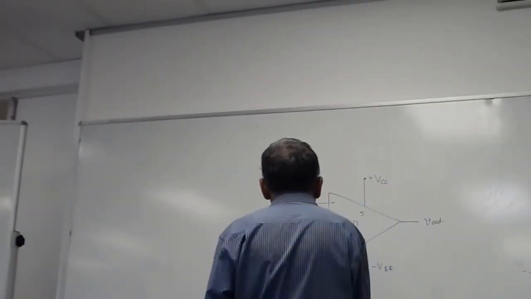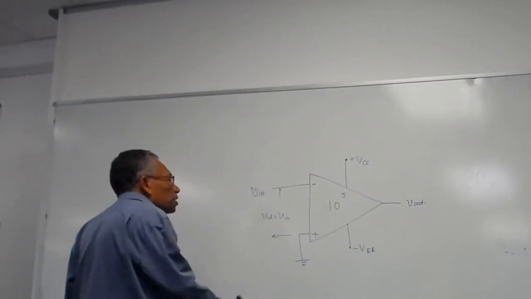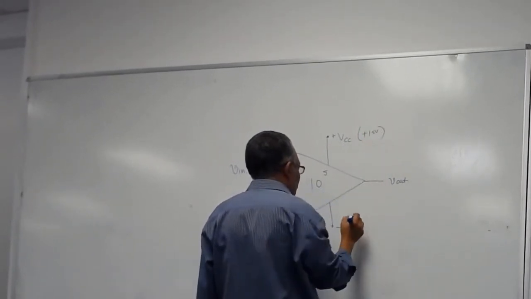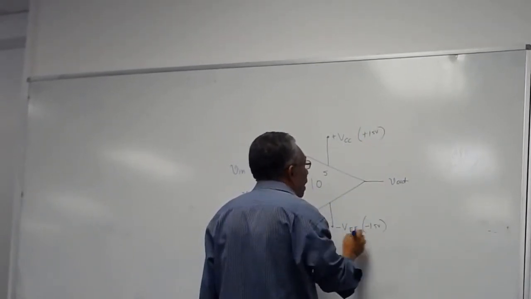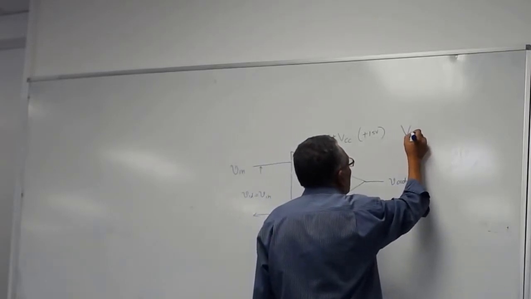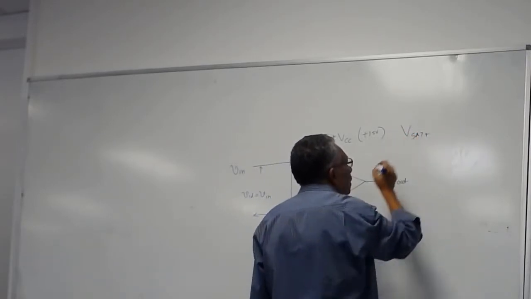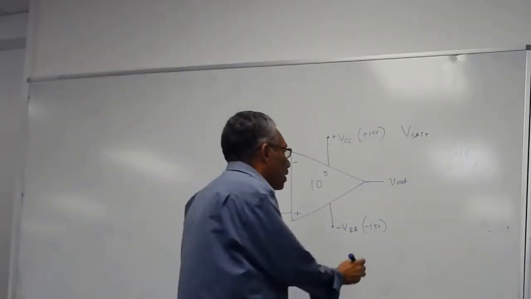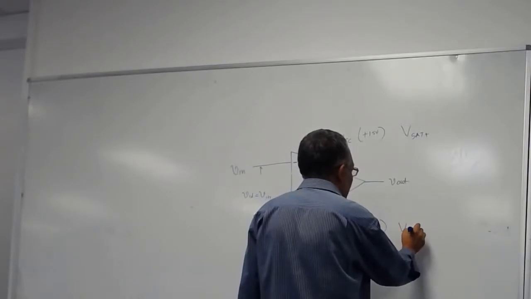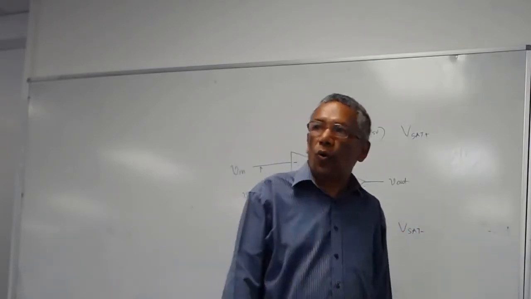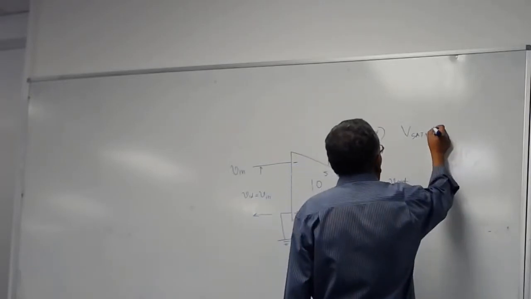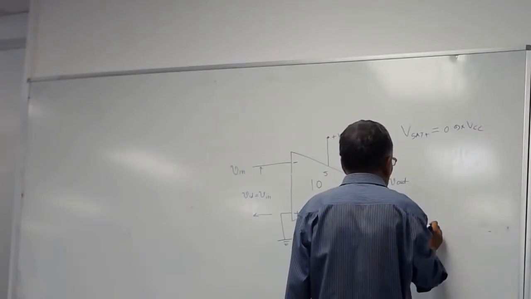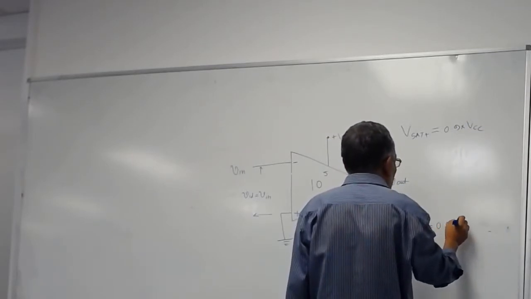Say this VCC is equal to plus 15 volts, and this is equal to minus 15 volts. We'll call a quantity V sat plus, which is the upper saturating level, and V sat minus as the lower saturating level. We said V sat plus is equal to 0.9 times VCC, and V sat minus is equal to 0.9 times VEE, with the negative sign.